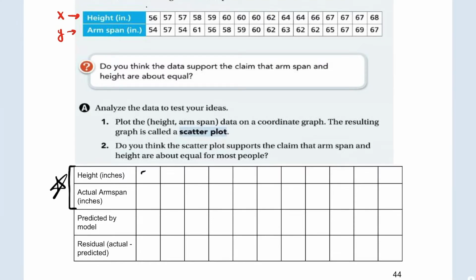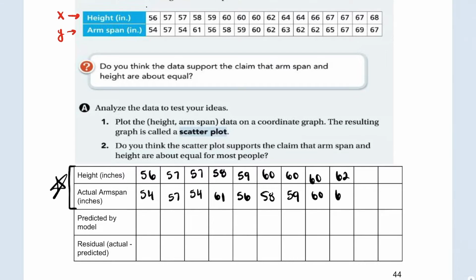Okay, I'm just going to borrow these from the table up here. 58, 61, 59, 56, 60, 58, 60, 59, 60, 60, 62, 62, 64, 63, and then I'll do 64, 62.